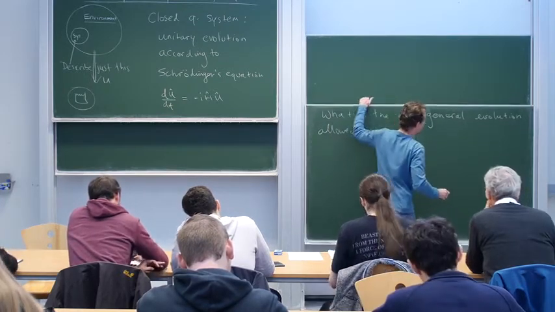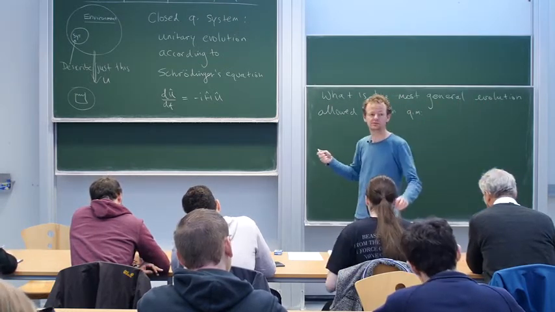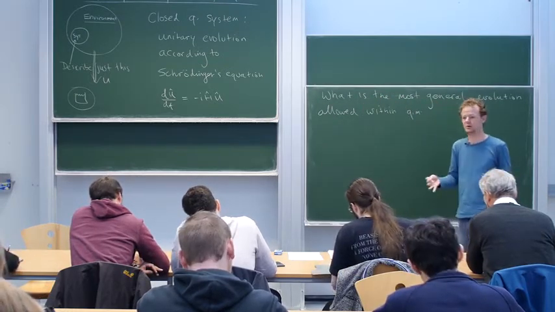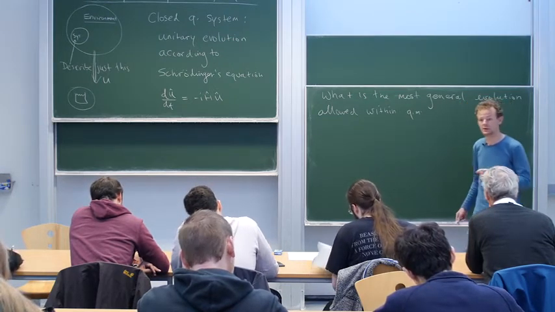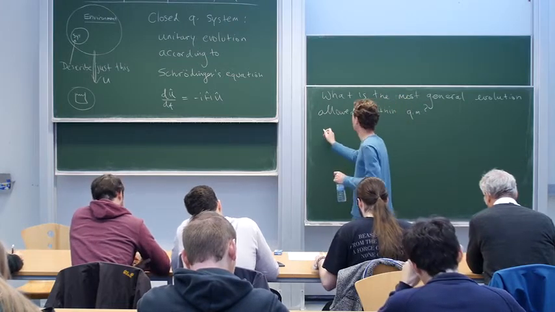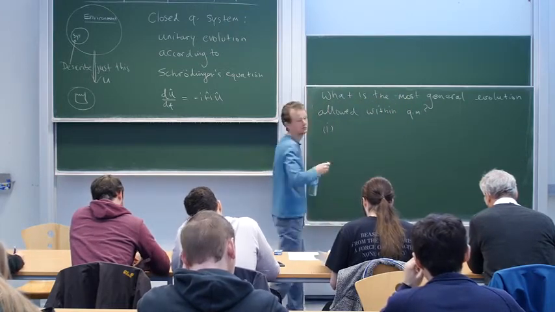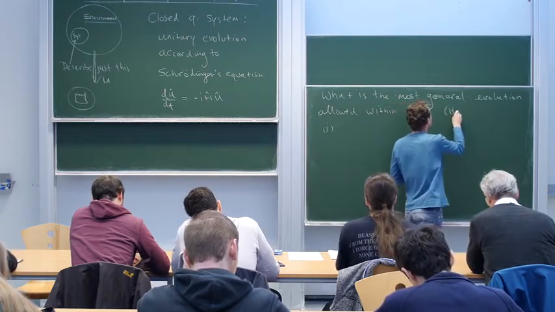And the answer that we discussed in the previous lecture was to proceed first axiomatically, just to say, well, what's the minimum we require of an evolution? And we settled down on two axioms. Number one, so this is in the Heisenberg picture, right?